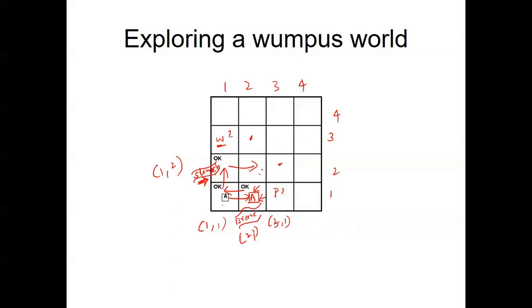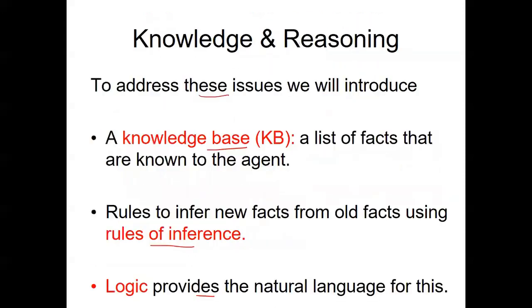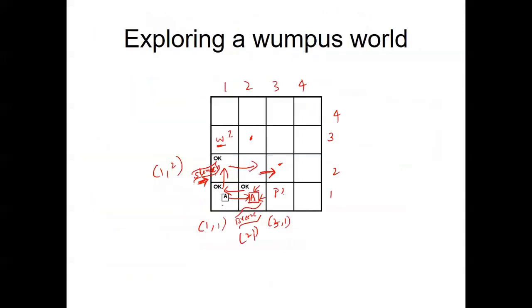Okay, so let us assume that the agent is going here. This is 3 comma 2. This is the worst case scenario. If the agent comes here, what will the agent experience? There is a pit here, so the agent will experience breeze.